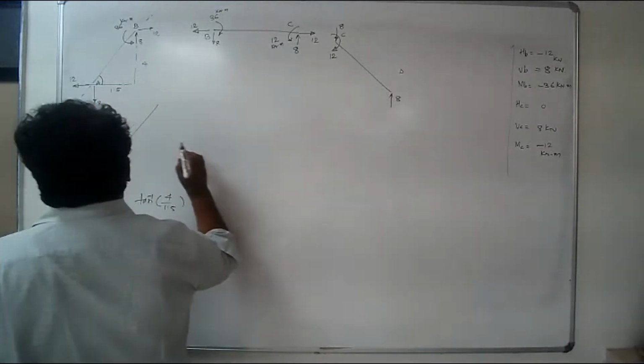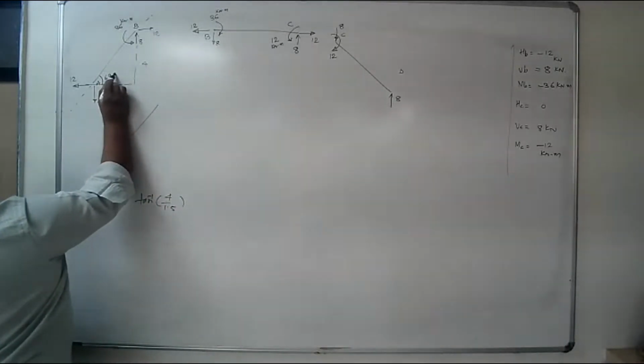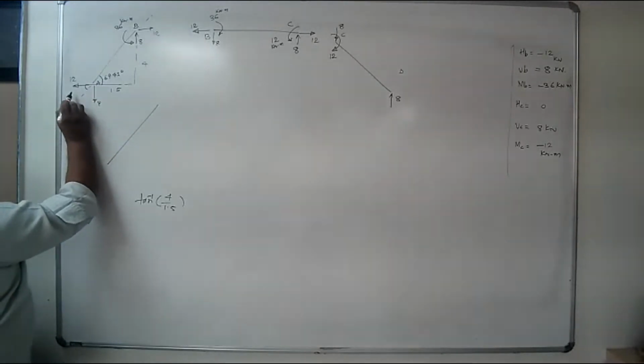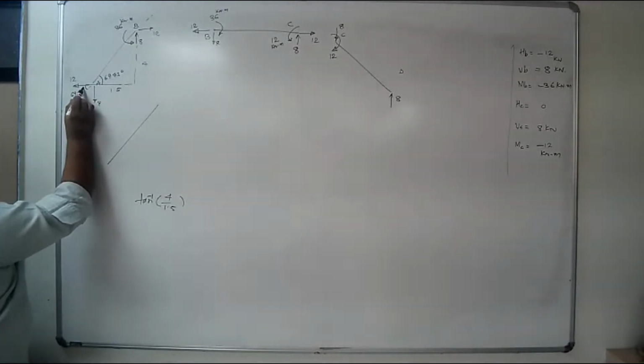So this angle is 69.43 degrees. If this is so, then this is the opposite angle, 69.43 degrees.